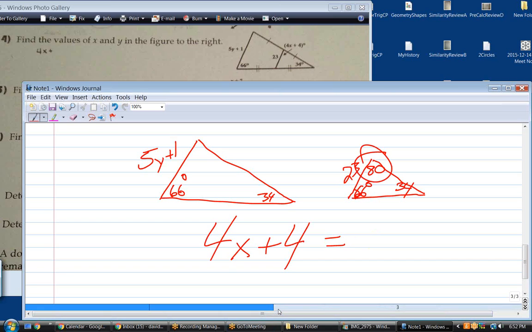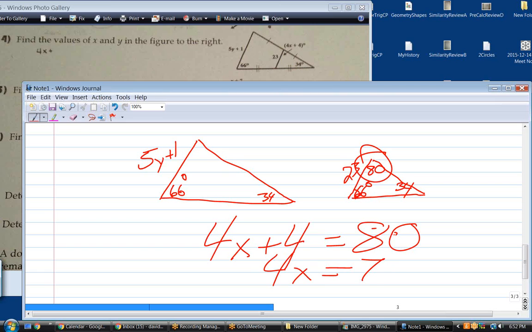That's why we solved for that angle, so that we can write an equation and solve for x. Well, I know that that angle has to be equal to 80 degrees based on the measurement of the other two angles. So I can set 4x plus 4 equals 80, which makes 4x equal 76, which makes x equal 19.